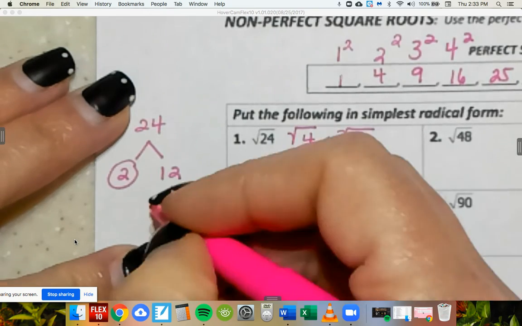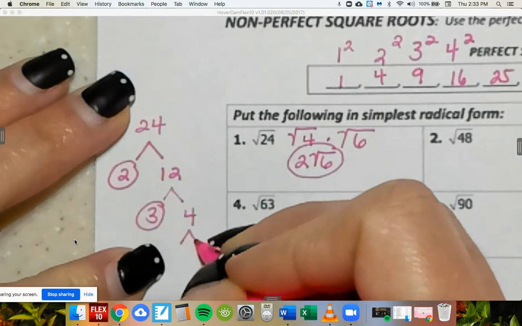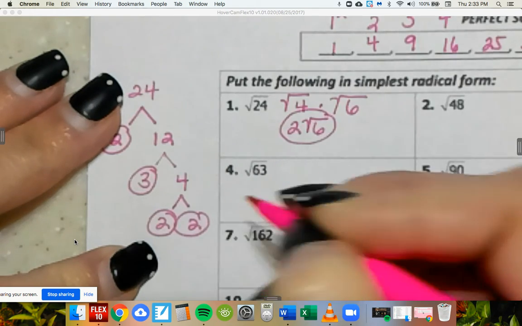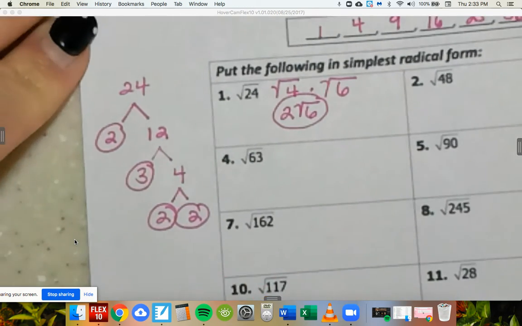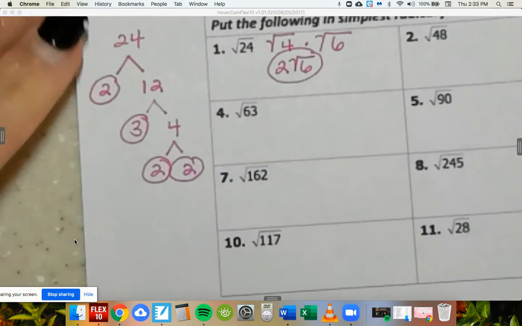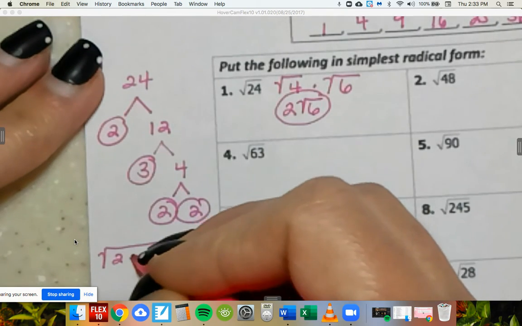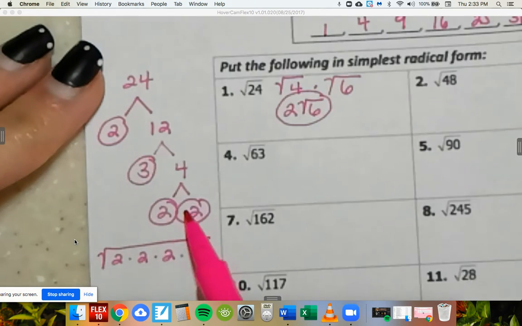This one, how about 3 and 4? 3 is prime, 4 breaks down to 2 and 2. So breaking down 24, I could say the square root of 24 is the same as the square root of 2 times 2 times 2 times 3, right? 2, 2, 2, 3.